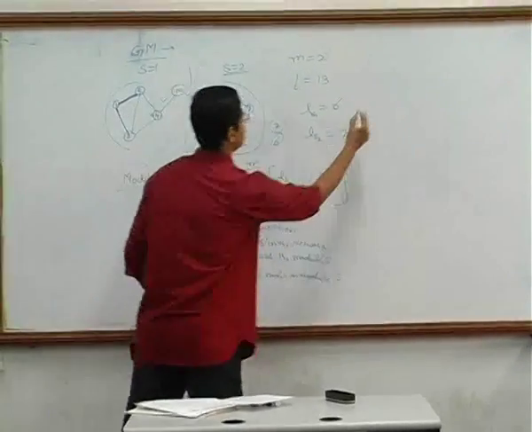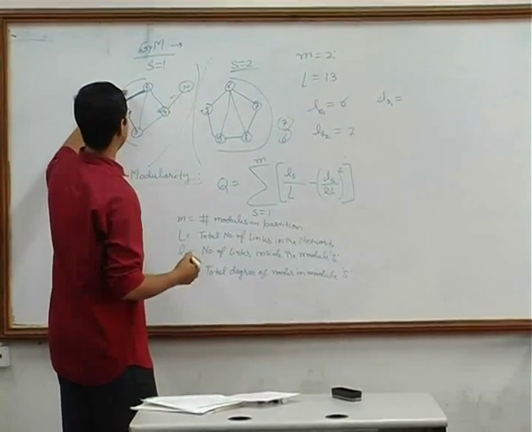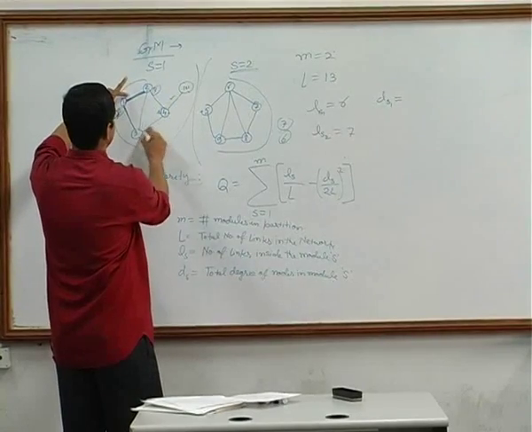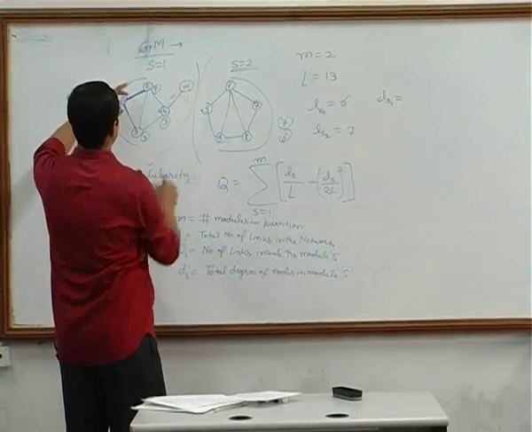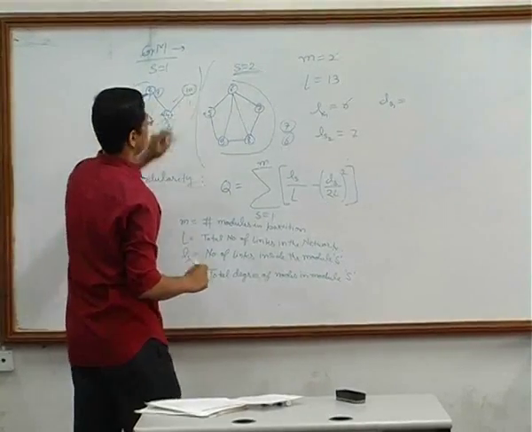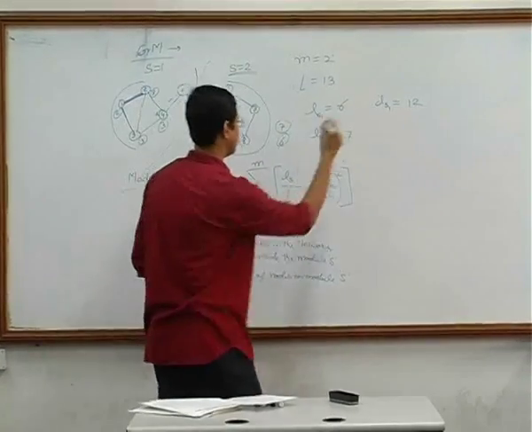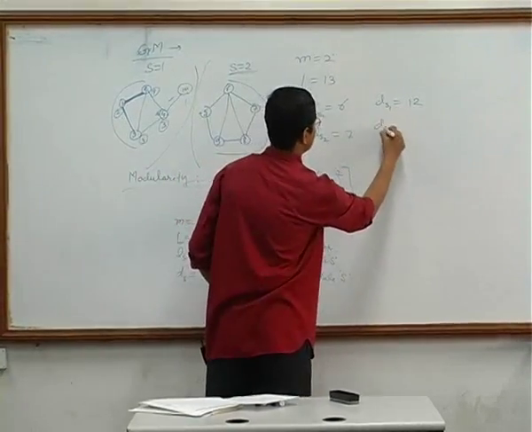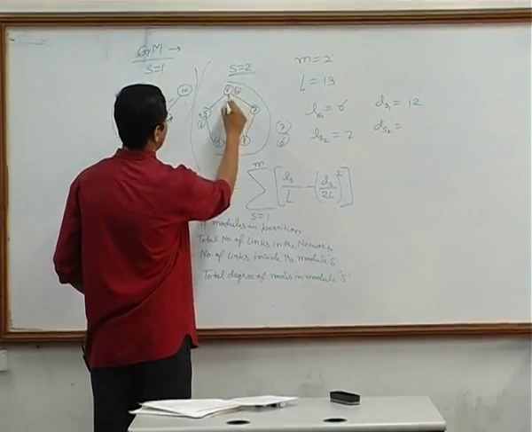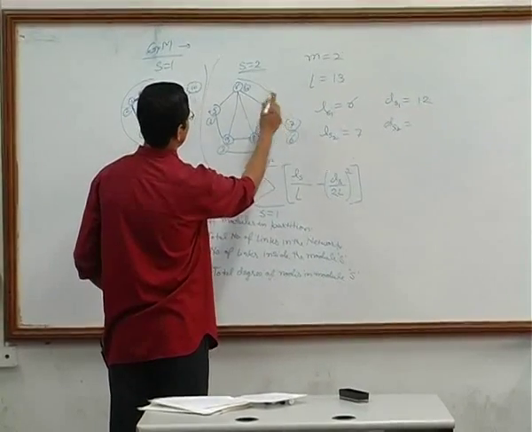Similarly, DS1, the total degree, here it is 2, 3, 3, 3 and 1. Just by putting values we can easily get it, and similarly DS2 is equal to 2, 4, 3, 3, 3 and 2, total 6.